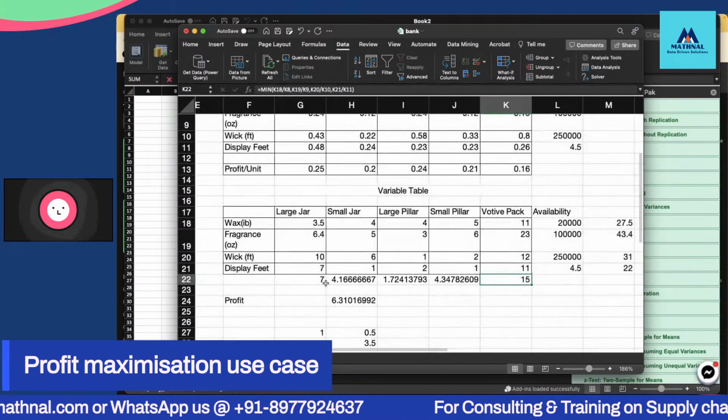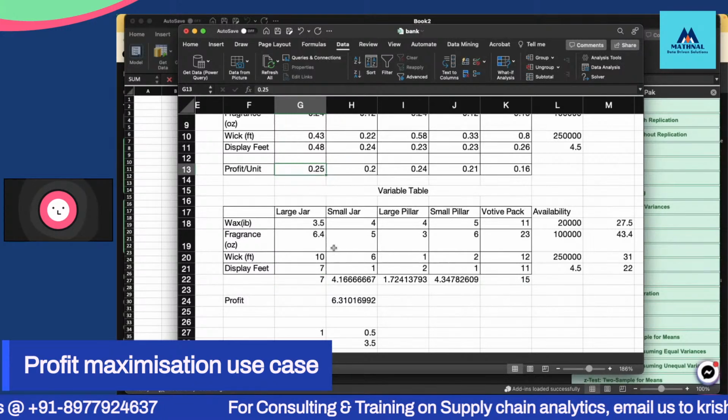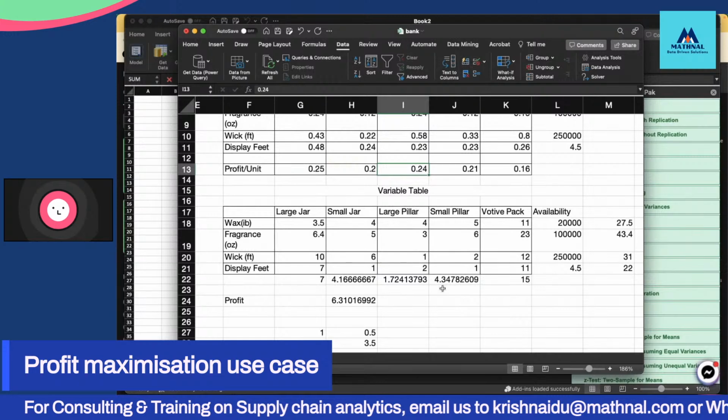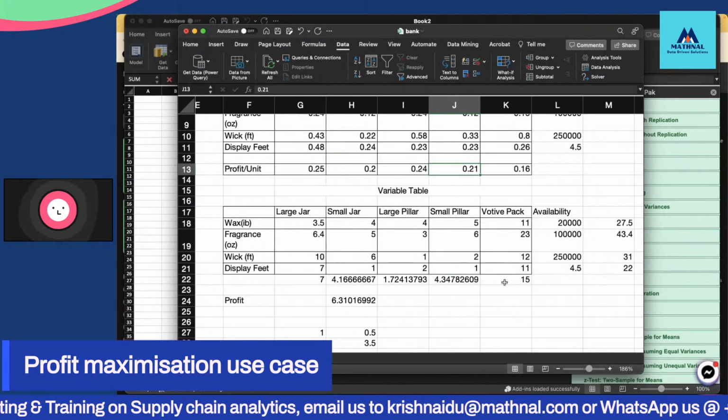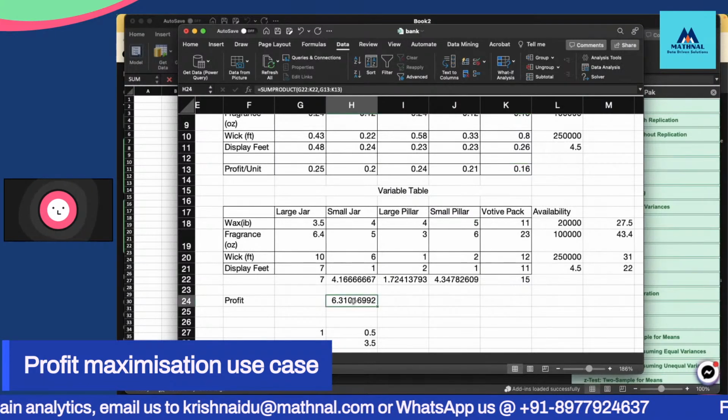Now we multiply this number with these profits: 7 into 0.25, 4.1 into 0.2, 1.7 into 0.24, 4.34 into 0.21, and 15 into 0.16. When we multiply this, we get this profit, 6.31.